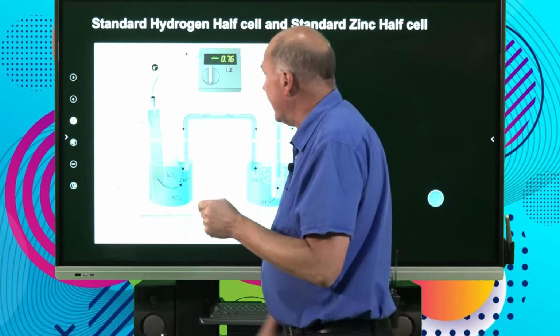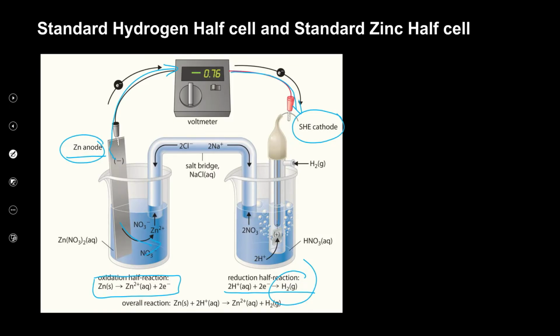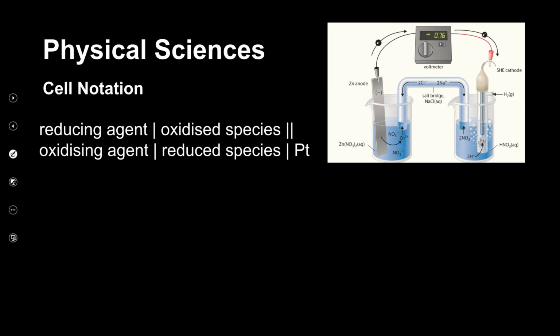So in this case, we're going to say the zinc half cell is the better reducing agent. Where this one, we're finding here, this solution is the oxidizing agent. So that's the reason why we're getting a negative reading there. Now, let's take a little bit of time to put that fancy diagram into cell notation.